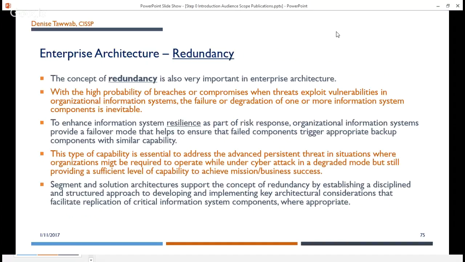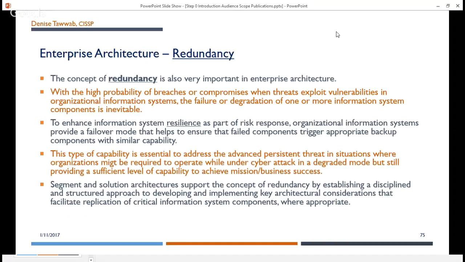To enhance information system resilience as part of risk response, organizational information systems provide a failover mode that helps to ensure that failed components trigger appropriate backup components with similar capability. This type of capability is going to be essential to address advanced persistent threats in situations where your organization might be required to operate while under cyber attack in a degraded mode, but still providing a sufficient level of capability to achieve mission business success.